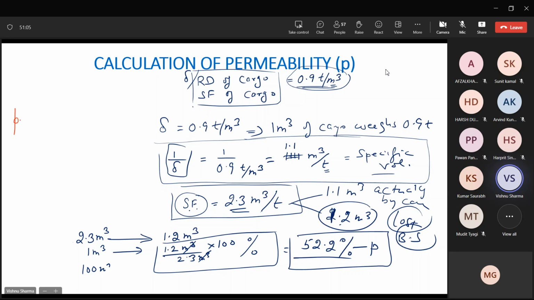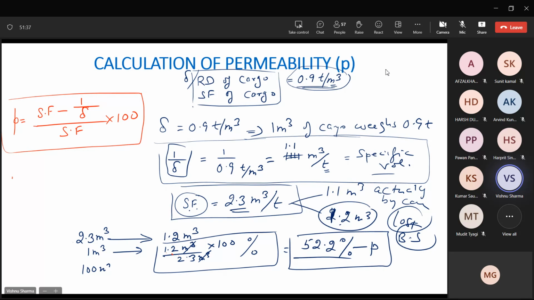Permeability in percentage will be equal to stowage factor minus 1 upon density, or RD, whatever you want to say, divided by stowage factor multiplied by 100. This is what we have used here. In this formula, 1.2 came as 2.3 minus 1.1.